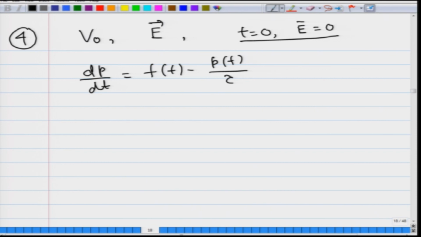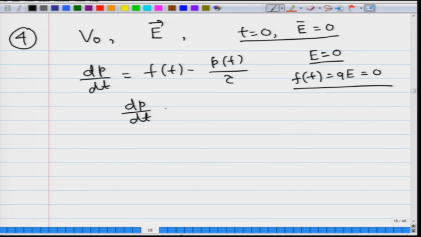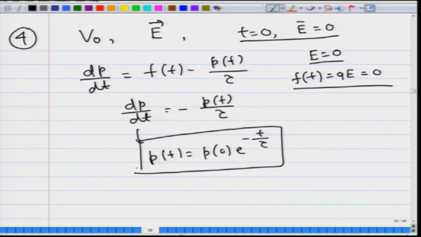Now, for t equals 0, the electric field is 0, so ft, which is q into E, we can take to be 0. So, dp dt equals minus pt by tau, and solving this we get pt equals p naught e to the power minus t by tau. So, our correct option is option A.